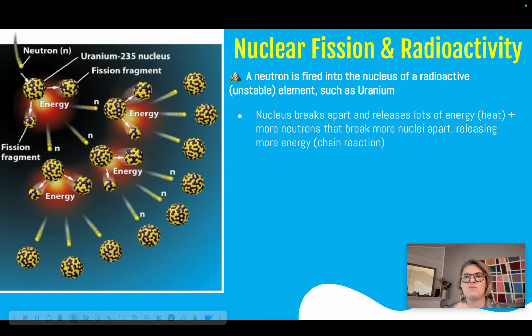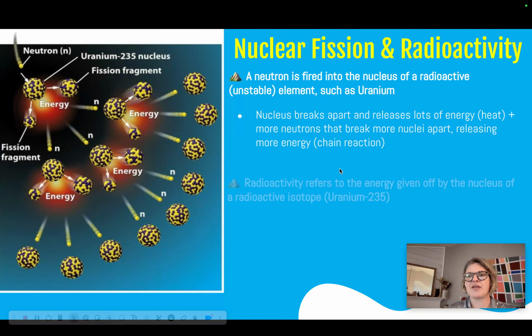And then more neutrons break apart. It just creates this really extreme chain reaction that happens super quickly. And so we can harness all of that energy to heat water, just like we did in all the fossil fuel notes. We talked about heating that water to create steam. Steam turns the turbine, that whole process. So that's something that you need to know.